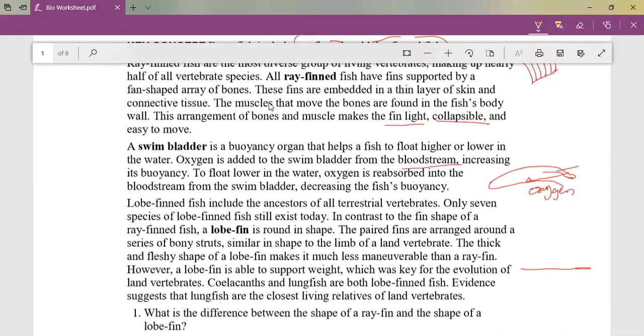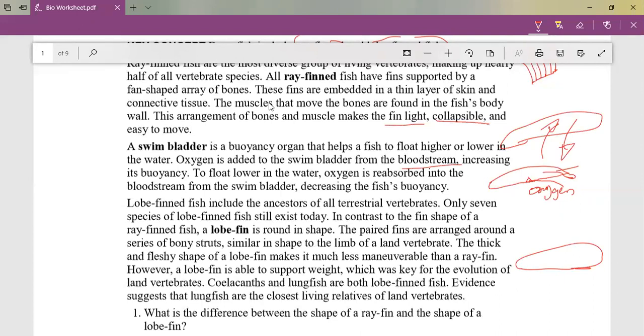To float lower in the water, oxygen is reabsorbed. So the oxygen is taken back if it wants to go down, to decrease the buoyancy. When it's about to go up, it takes in oxygen. When it wants to sink, it takes out oxygen.